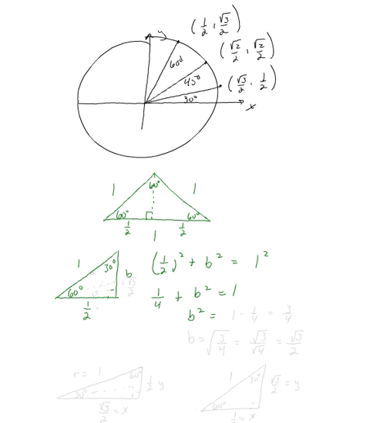So B squared equals 1 minus 1/4, which is 3/4. So B equals the square root of 3/4, actually plus or minus, but we're only looking at the first quadrant, so we're only looking at positive values. So that's the square root of 3 over the square root of 4, or simply the square root of 3 over 2. So I found that this side here, the B side, has to be square root of 3 over 2.